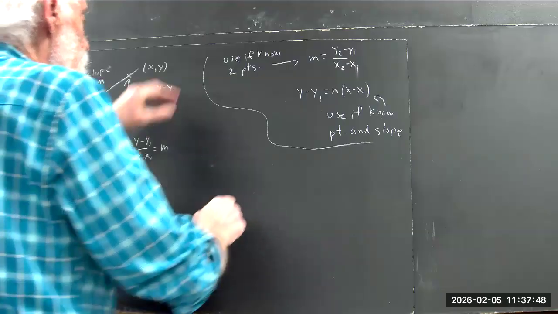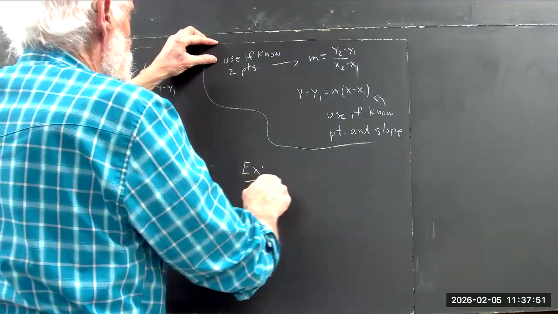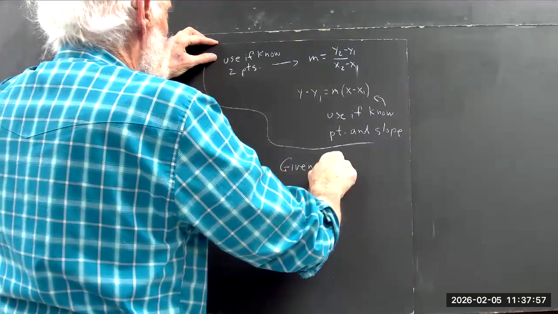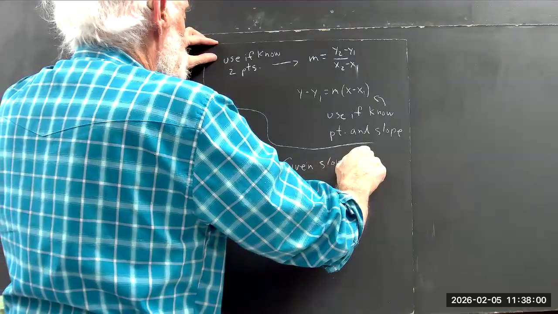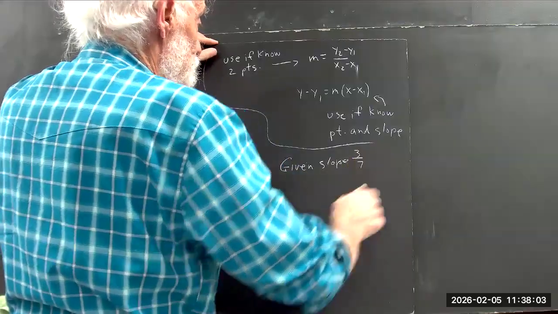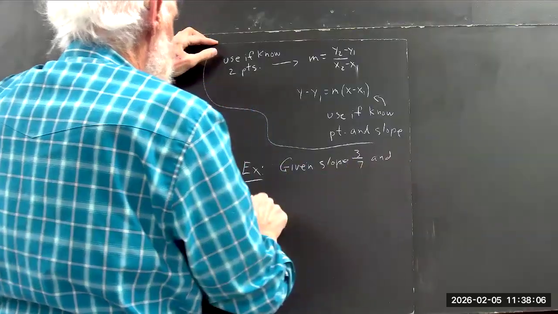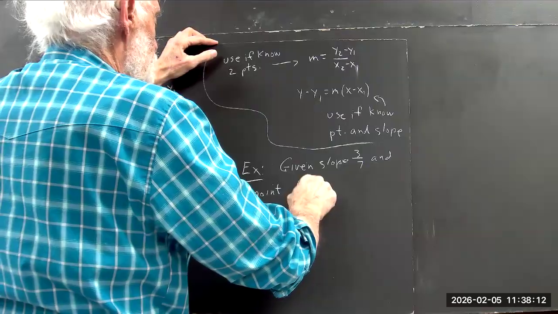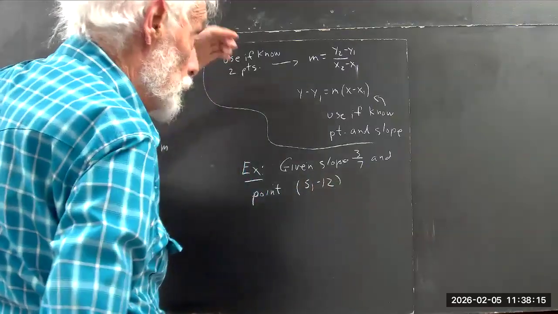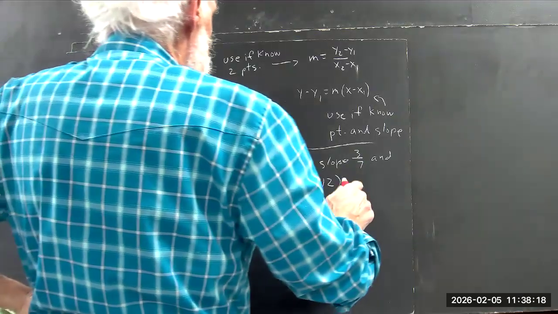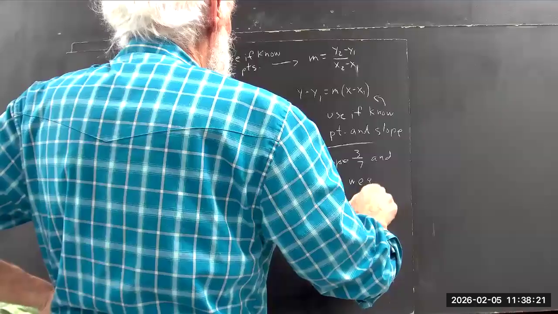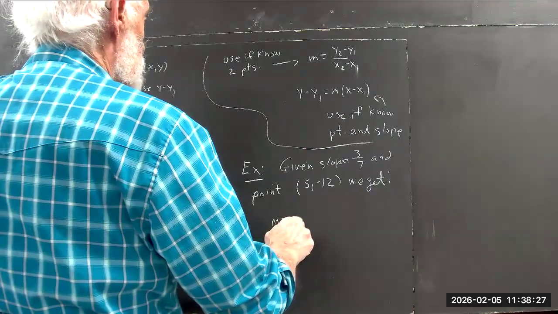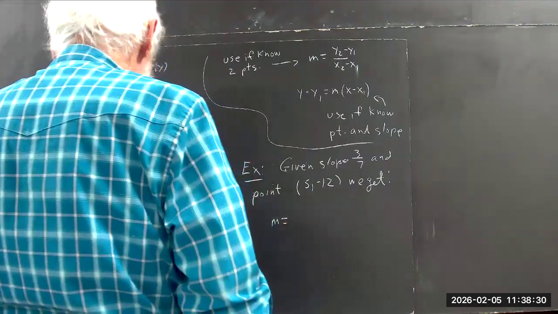Do a quick example. Given slope 3/7 and point 5, -12, we get, oh, sorry, we don't get slope.